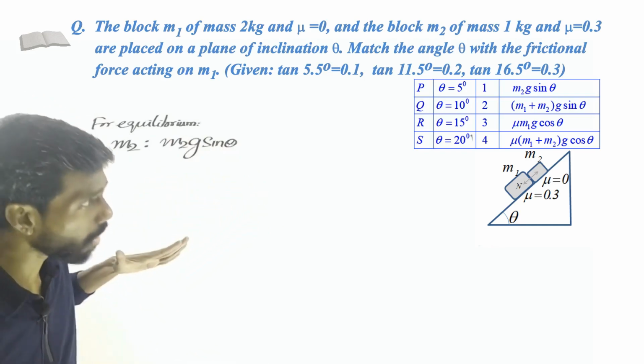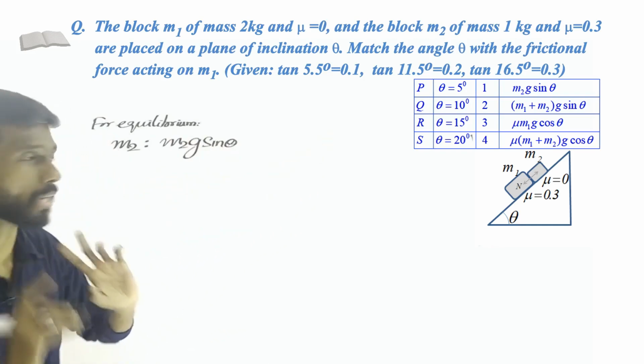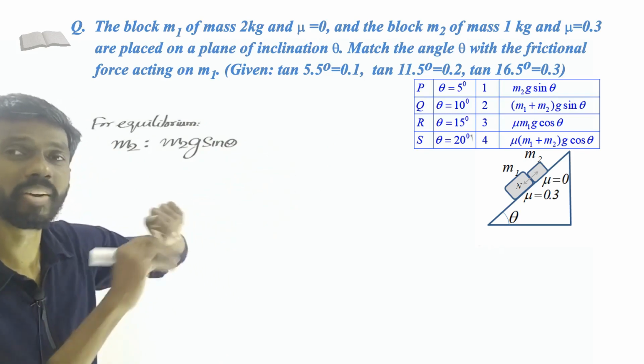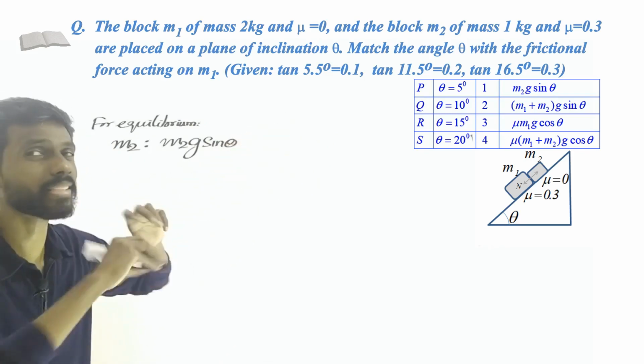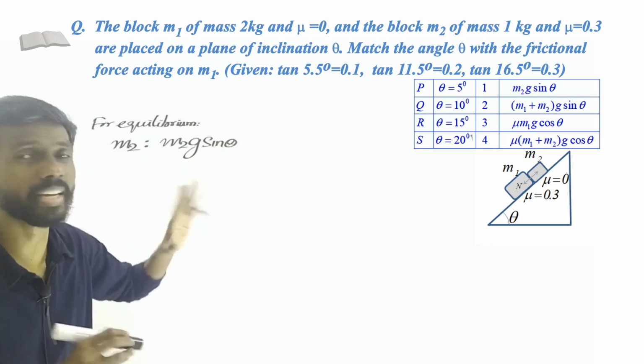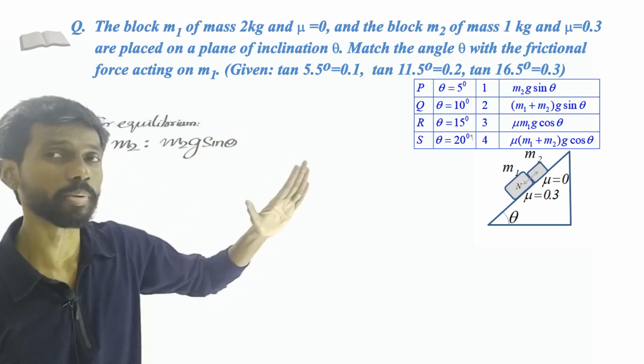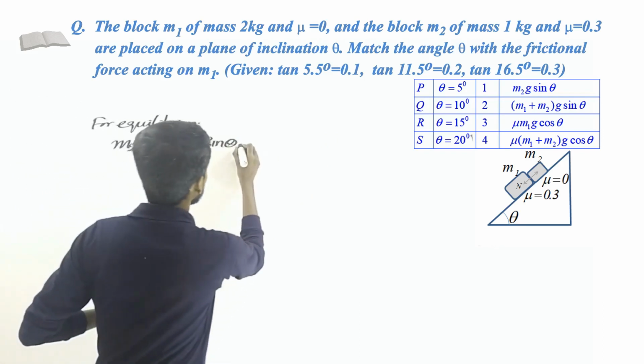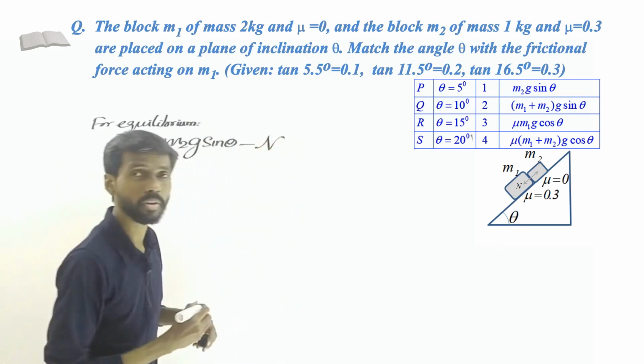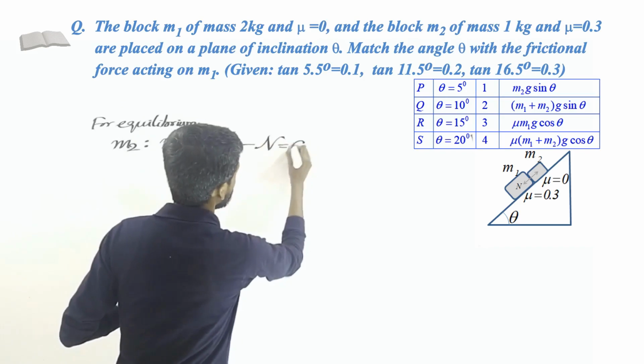Remember, the block M2 will always try to move in the downward direction, and there is nothing to prevent it. The only force against the gravitational force is the normal force between the two blocks, in the opposite direction. So minus N, the normal force between the blocks, equals 0. You understand?